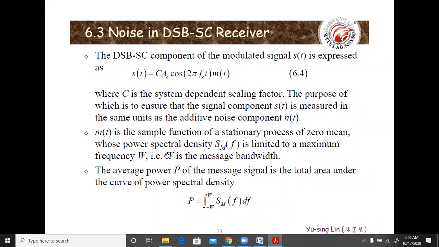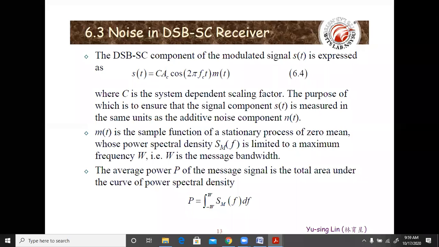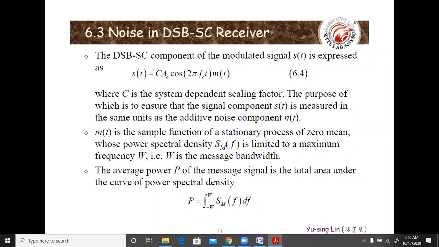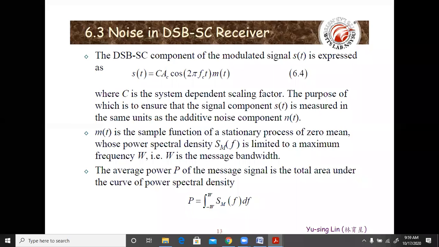So S_M(f) lies within the message bandwidth W. The average power P of the message signal is the total area under the power spectral density curve. This is a standard formula: P is equal to the integral of the power spectral density from frequency minus W to plus W, integrated with respect to f.